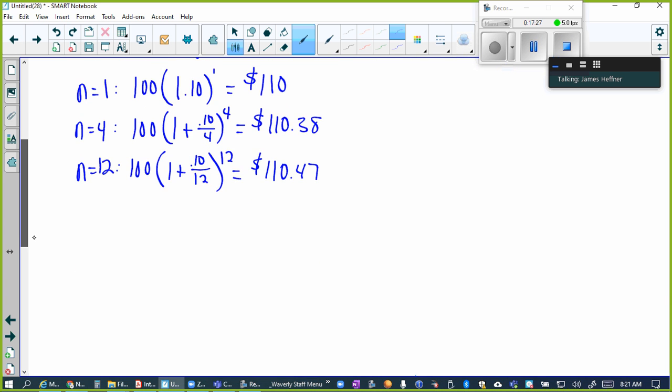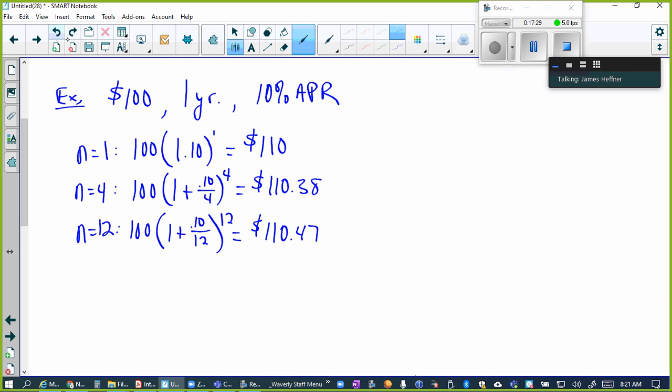Let's try one more. God bless America. Let's try daily compounding. 365, right? So it'll be 100 times 1 plus 0.10 divided by 365 to the 365 power. Let's see what that ends up being. Still 10%, but the only thing that changed was compounding more often.